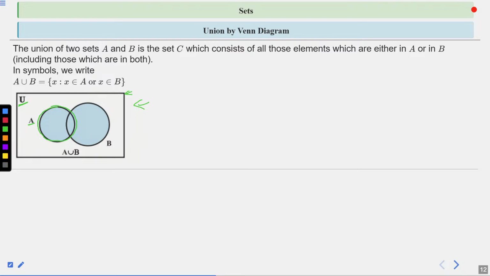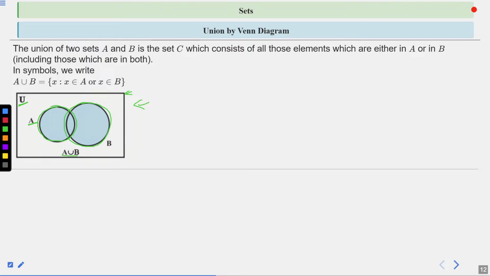Another subset B, which might be different or not different from subset A. So we are trying to overlap some part. It might be the case that we have some common elements. Clear?